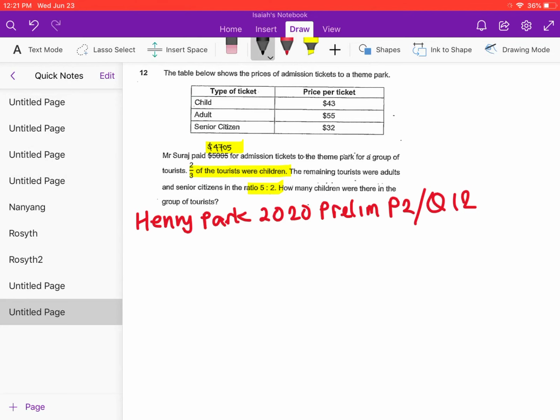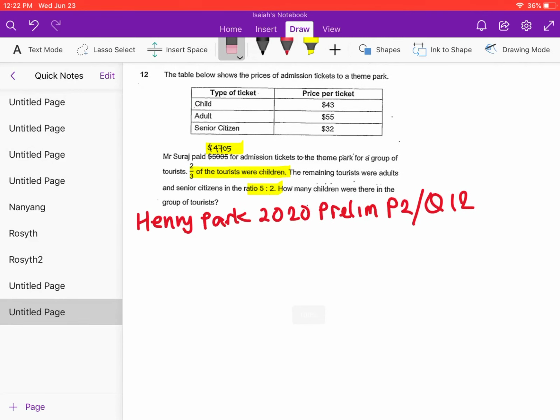All right. Okay. So before we start, we always try to put all the information in a form that is easy for our interpretation. So we were told that 2/3 of the tourists were children. So let us use C to represent children.